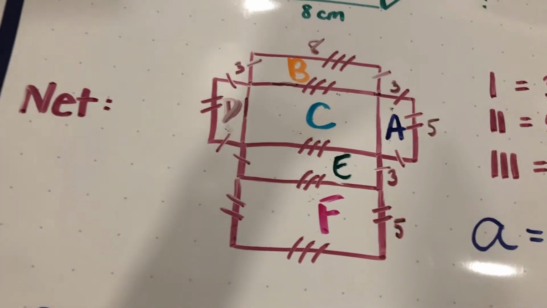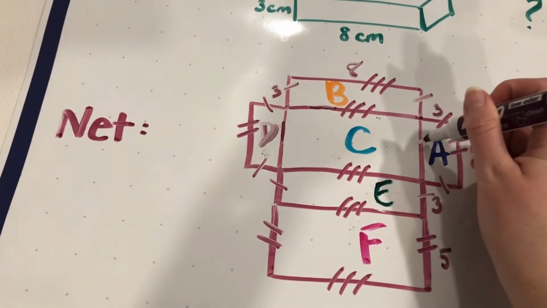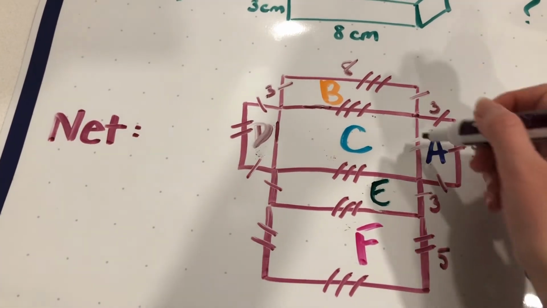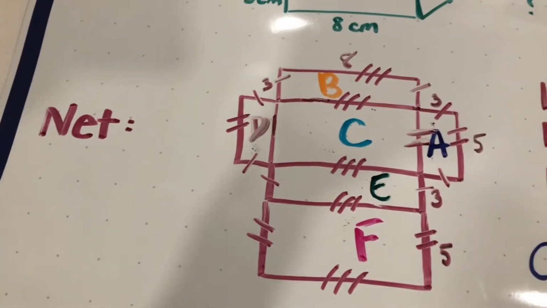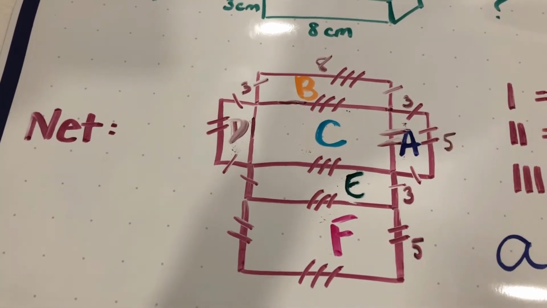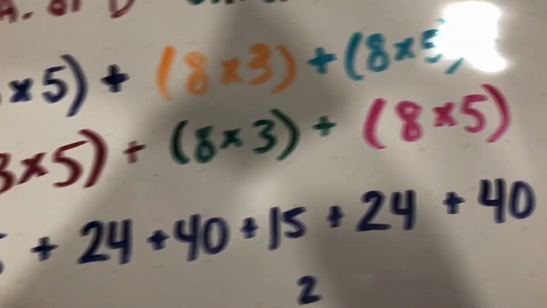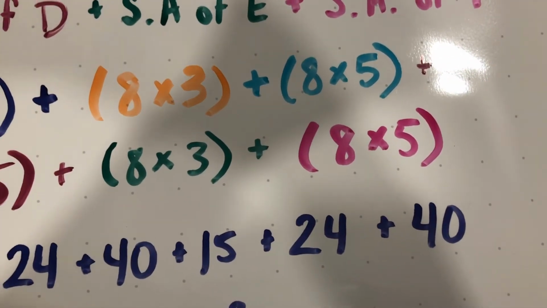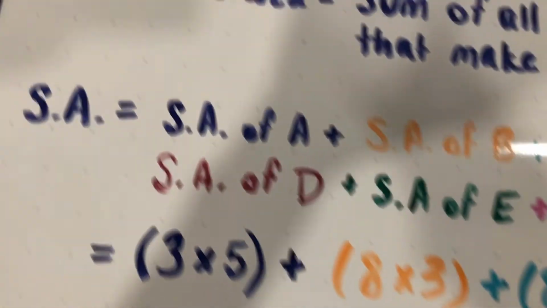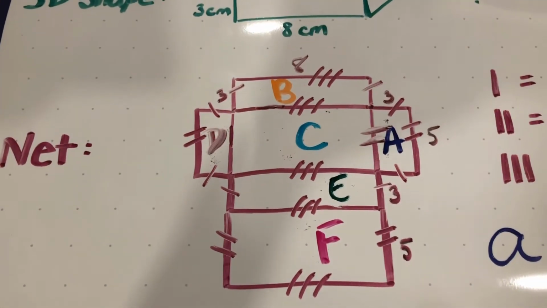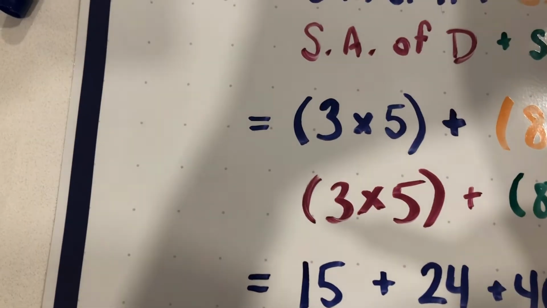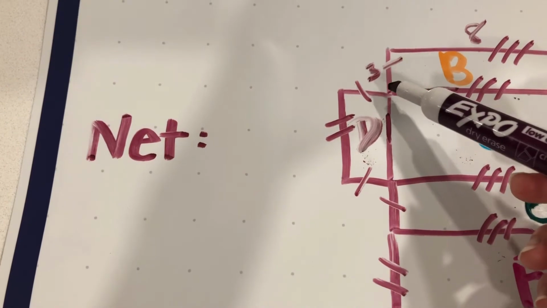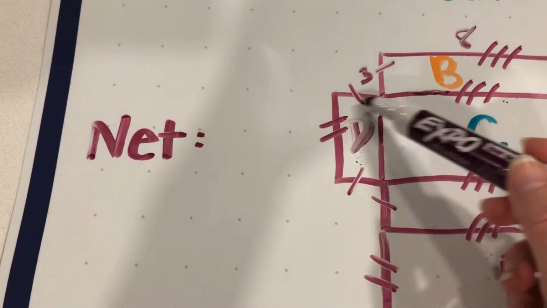I forgot to put my little notches in there, but because this side is 5, then this side is going to be 5 as well. So we've got 8 times 5. Oh, which one was I looking at? D. Yes. 3 times 5, not 8 times 5. I'm sorry. 3 times 5. There we go.